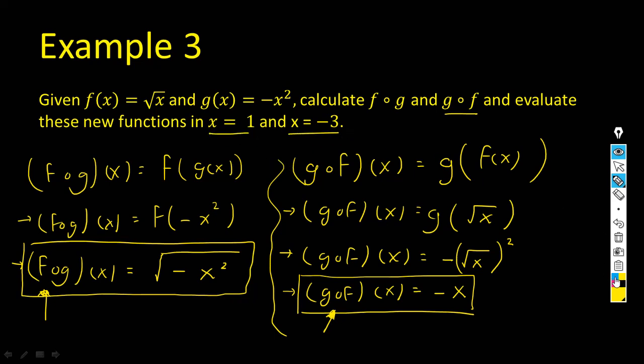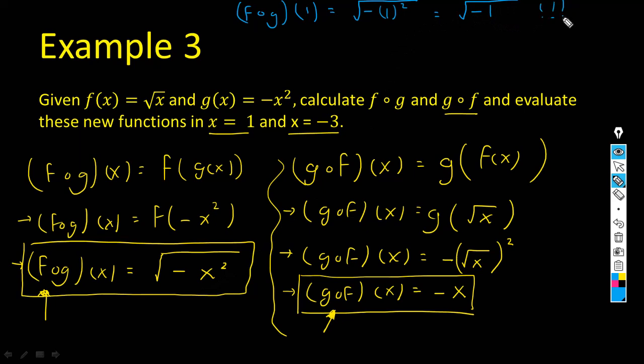I'm going to do that in blue again over here. So f of g evaluated in 1. Let's see what happens. That's going to be the square root of the negative of 1 squared. Okay? And what's going to be that? The square root of the negative of 1. We have a crash.